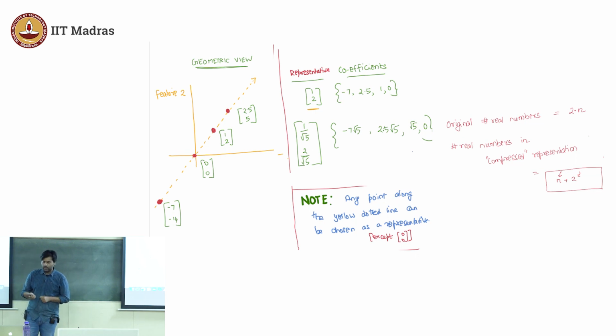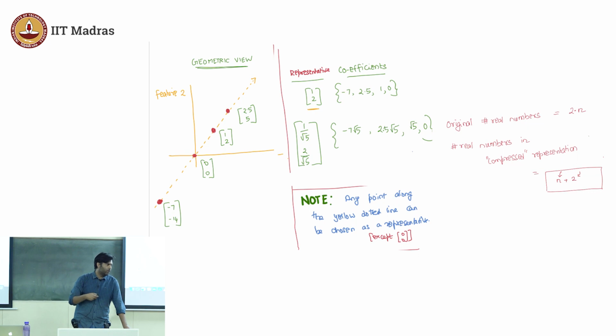Good. Okay. So the point is, originally I had 2n numbers, because I had n data points, and each data point was in a 2-dimensional space. Now after I do this compression, I only need n plus 2 numbers. Why n plus 2? The 2 numbers are for the representative, in this case (1, 2), and the n is one for each data point. Of course, you won't really appreciate it when I say that instead of 8 numbers, I am storing only 6 numbers.